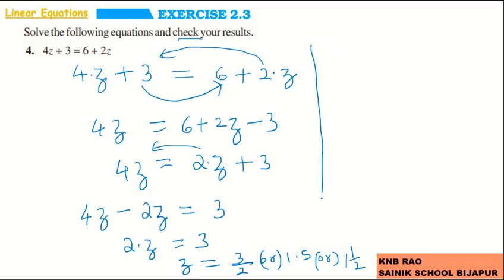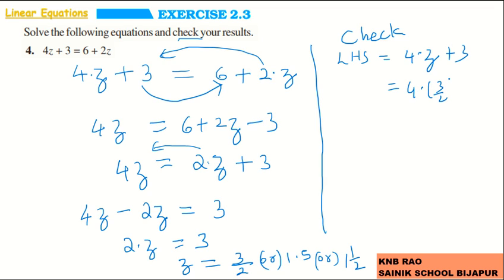So, we have the z value being a fraction, and they are asking us to check. We will do the checking here. When you are checking, as I have already mentioned, you have to take LHS separately, where LHS is 4 times z plus 3, so 4 into 3 by 2 plus 3. 4 times 3 by 2 is 6, plus 3 is 9.